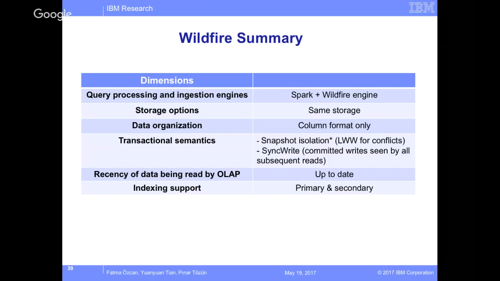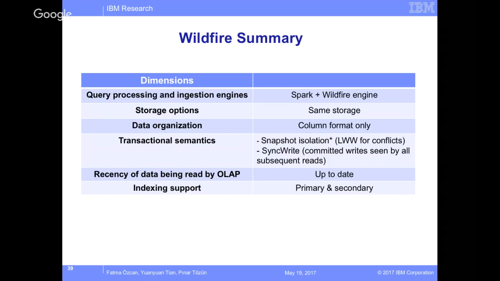So this is a summary. Wildfire uses Spark for query processing, and the wildfire engine for OLTP, and the storage option is the same storage option. It's a Parquet format, so it's a column format on a shared file system.